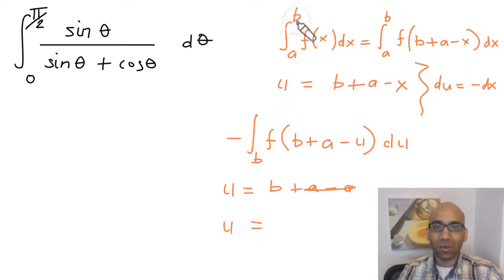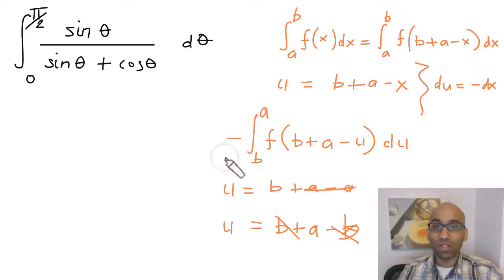Similarly, let's calculate the upper bound when x is equal to b. Once again we plug in b plus a minus x, and when we plug in b for x, this b cancels out, and so we get a at the top.